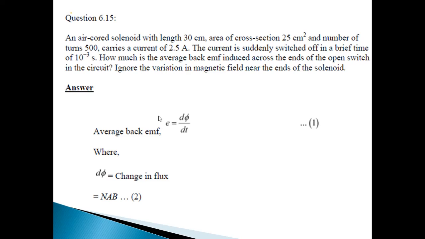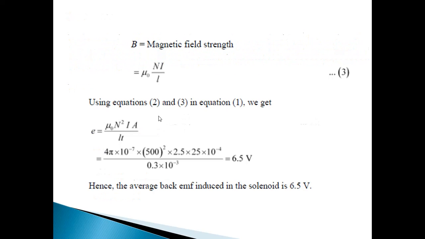And there is a formula for back EMF, E equal to d phi by dt, where d phi is the change in flux given by NAB. N stands for number of turns of the coil, A stands for area of cross section, and B stands for magnetic field strength.